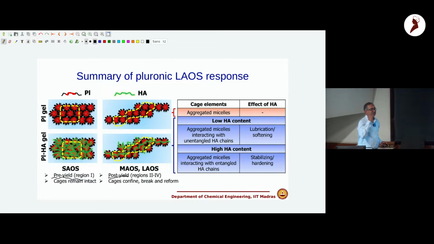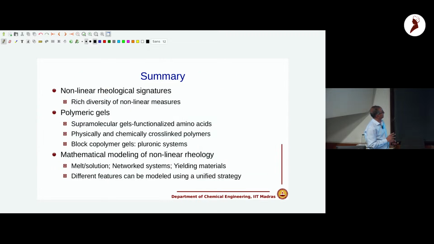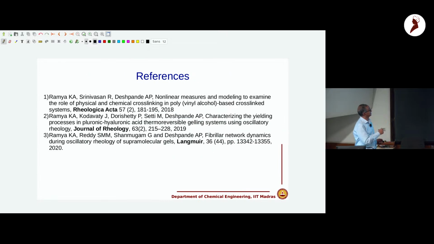This is where some of the literature I remember looking at cages and cage breaking phenomena came in. So I'll summarize these, and then in the remaining 5 minutes I'll talk about that sequence of physical processes. The work that I have talked about is all from Ramya's work a few years ago.